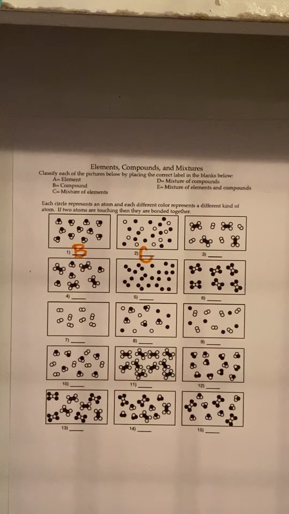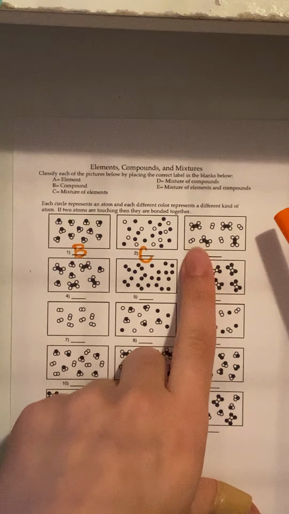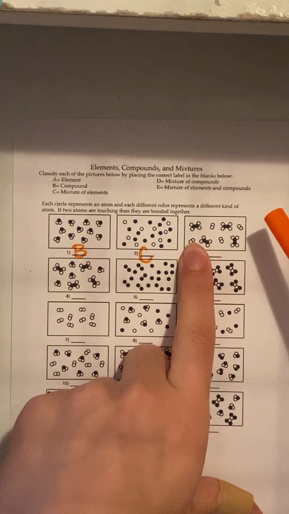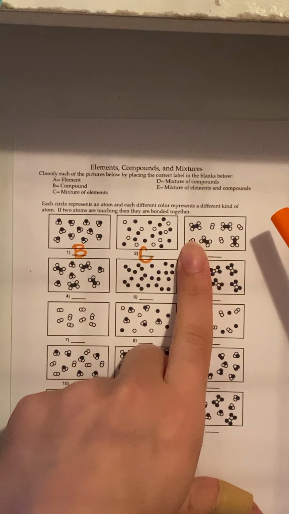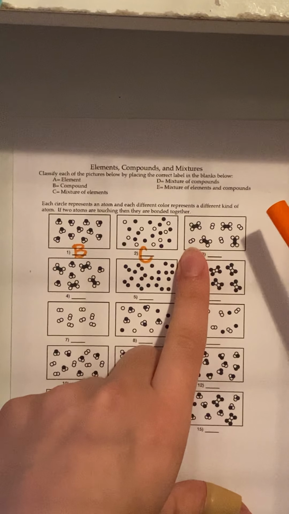Number 3. Okay, so this would be like an element, but it's not just a single element. They're two elements, but they're the same element combined together. So it's not a compound, okay?